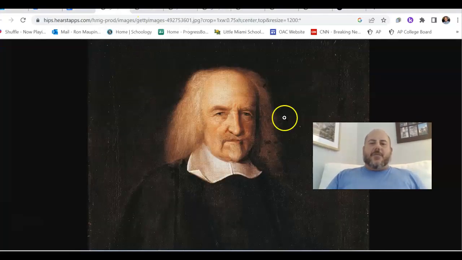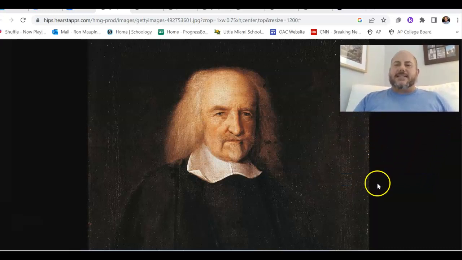Now, to give you a little context, and I think this is pretty critical context, Thomas Hobbes is going to be writing in the mid-1600s, during a period known as the English Civil War.